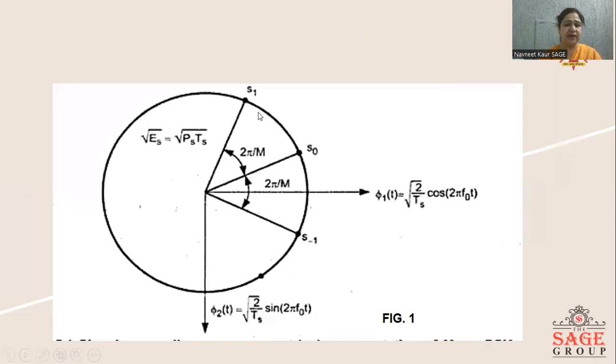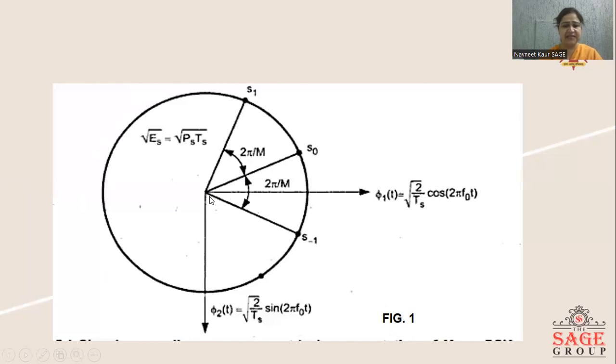So in this way, we will get all the M symbols. Here, all the symbols have a mutual phase shift of 2 pi by M with respect to each other. And the distance of each symbol from the origin is given by root PsTs.